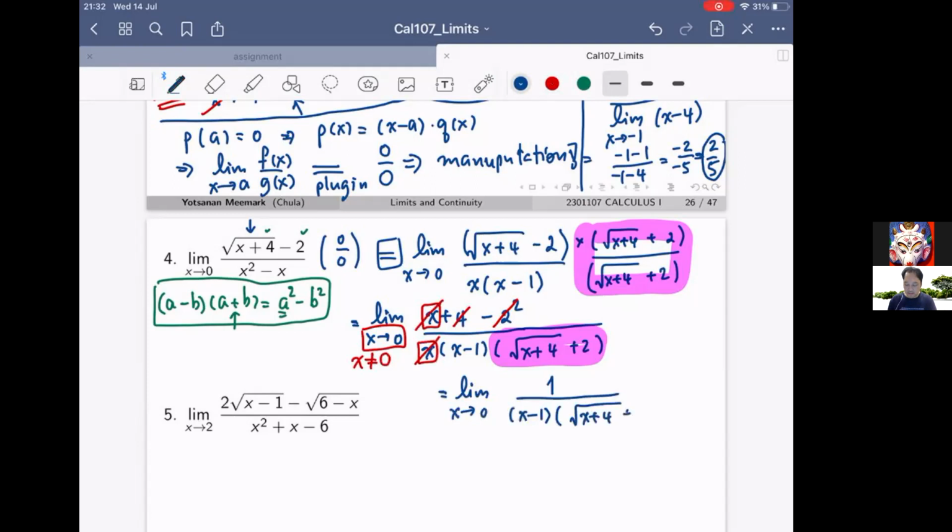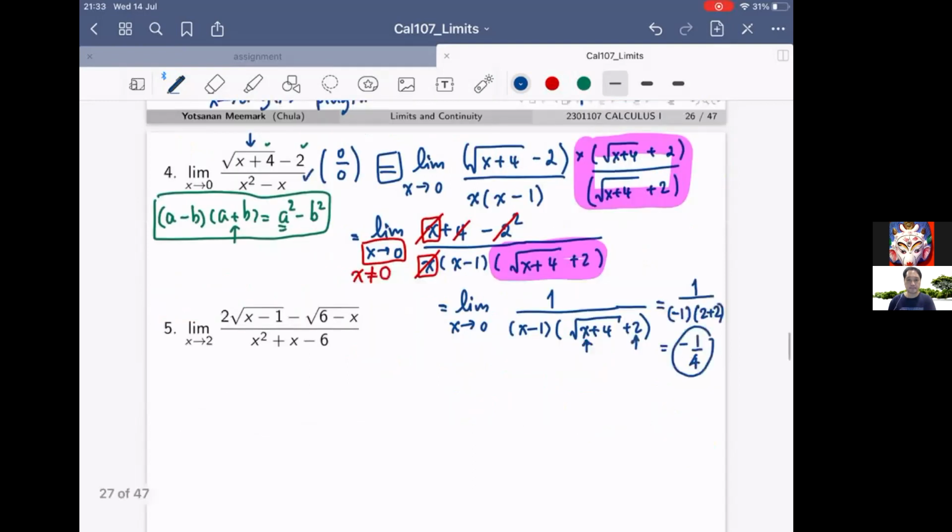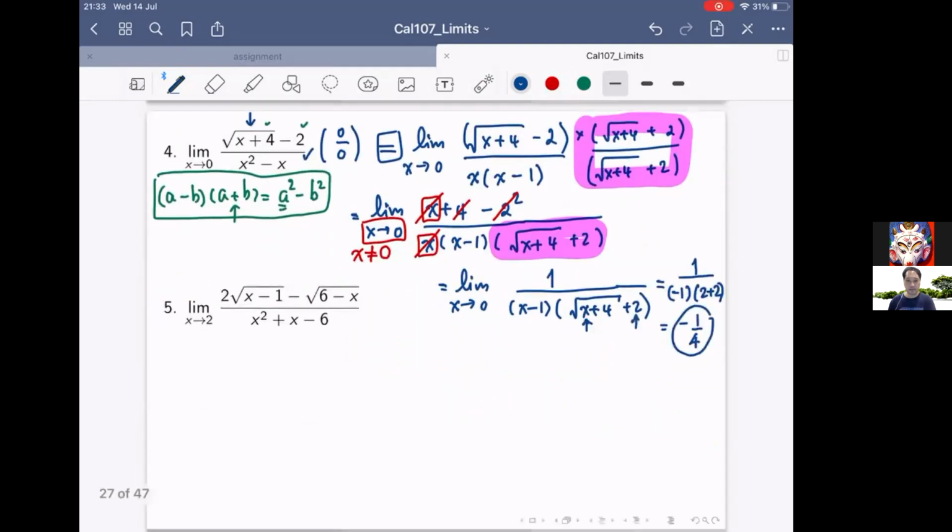Now you can simply plug in. On your top you got 1, on your bottom you have -1, and as x goes to 0 you got the square root of 4, which is 2, and don't forget this 2. So you have -1/4 as the limit of these fractions.